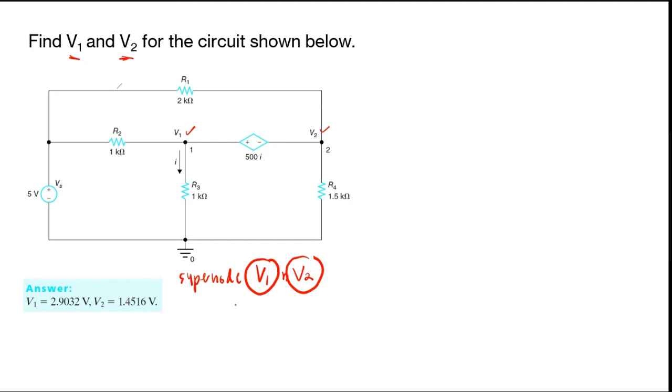So for your equations, you need to find the equation at node V1 combined with node V2, and the other one is the equation for the supernode. Let's say first we want to find the equation at node V1 and V2, which is the combination of the supernode, V1 and V2.